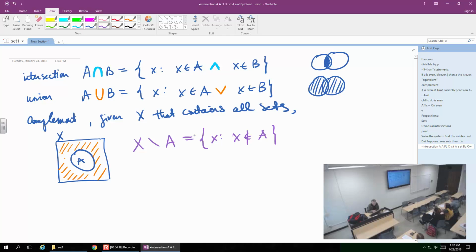Okay, so, as you can see, this statement does not match what I have here in the first two lines. In the first two lines, I match the set operation on the left with a logical operation on the right. What is the logical operation on the right for the complement?